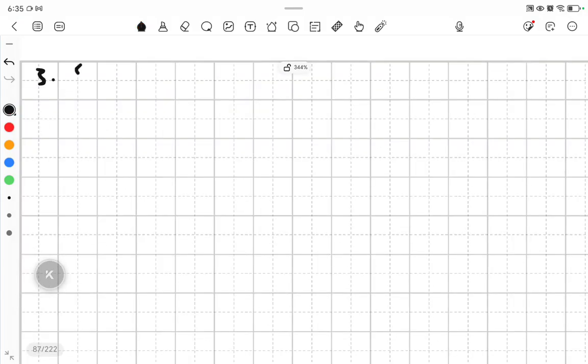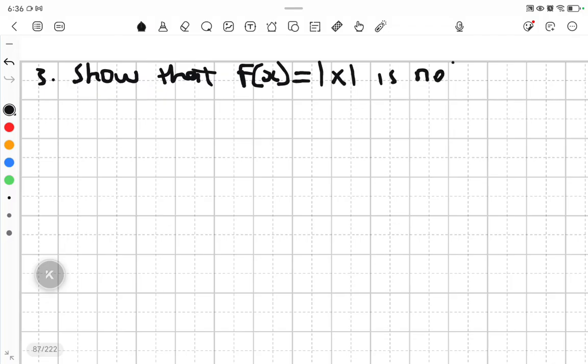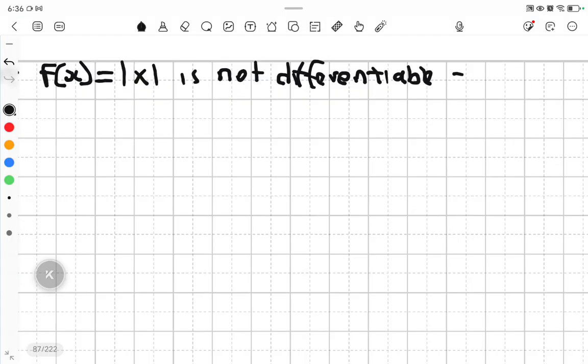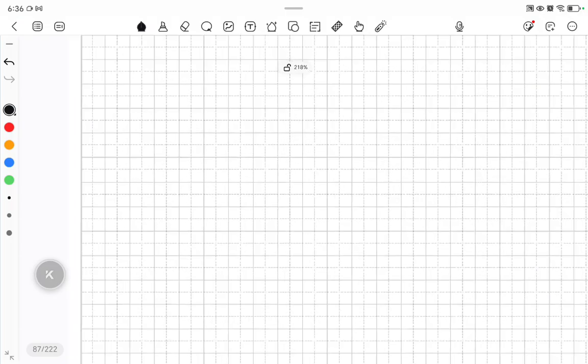So it's not differentiable at x equals 0. You see, right?